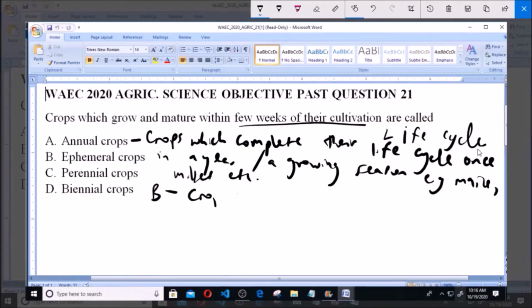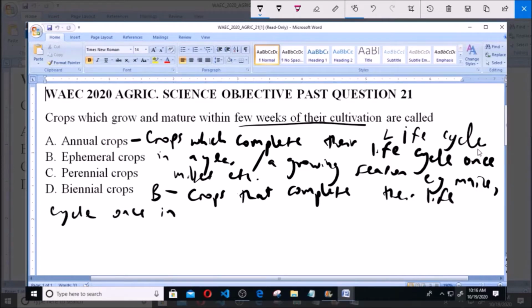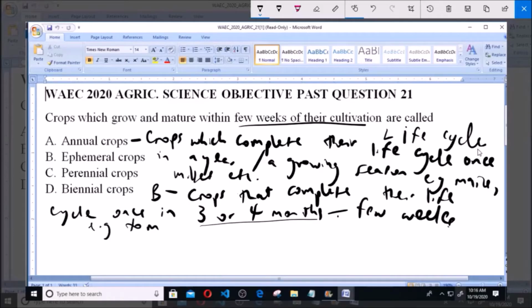Now these are crops that complete their life cycle once in 3 or 4 months. So in a few weeks, 3 or 4 months, that is not up to a year. An example includes tomato.